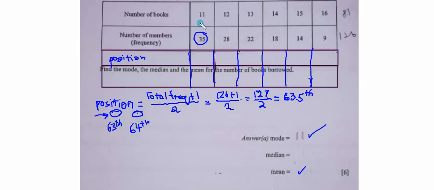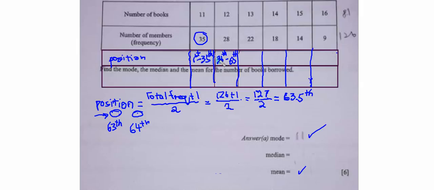Okay, now let's start off with this. Now this is starting from the smallest number of books to the biggest. 35, so this is first until the 35th position. Okay. Now after this, then you have 36, until 35 plus 28, that will give you 63 position. 36 is just after 35, you just add.